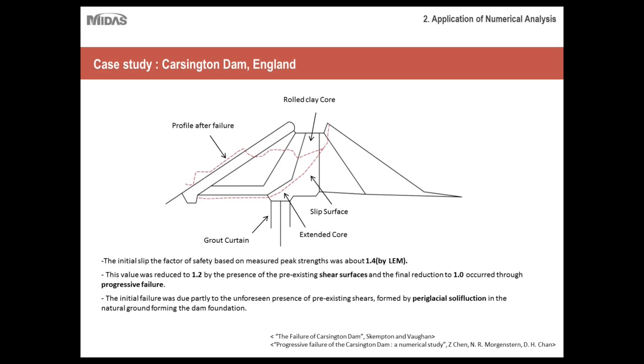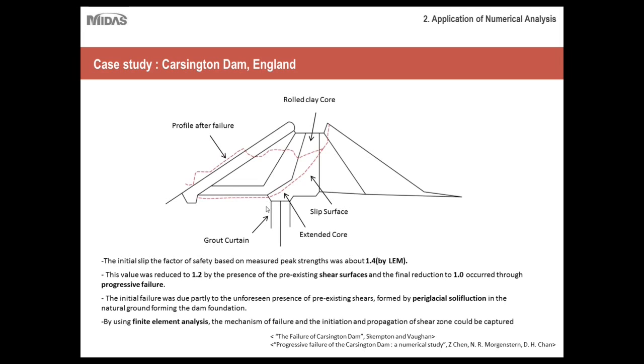Then as engineers were studying why this dam failed, and once they discovered periglacial solifluction was a major factor, they realized by using finite element analysis, the mechanism of failure could have been accounted for. Something that's very unique about finite element modeling is that you can take shear stresses due to pore water pressure, or for example periglacial solifluction in this case, into account.